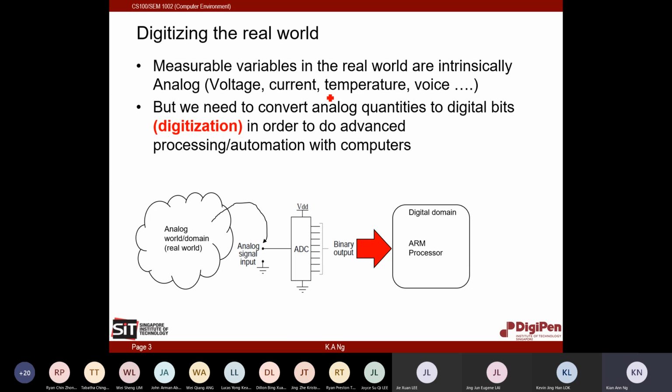Okay, so here's the overall diagram. Our real world, the world that you are sitting in right now, are all analog quantities. Sound. When you open your eyes, you see light. These are all analog quantities. And what else?